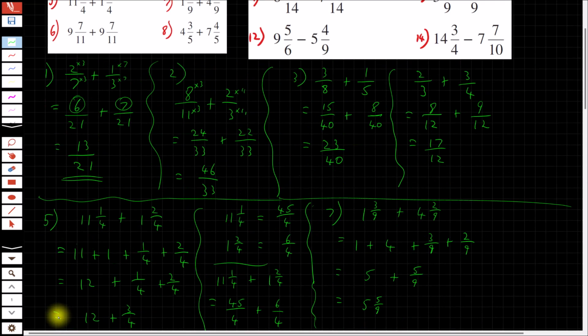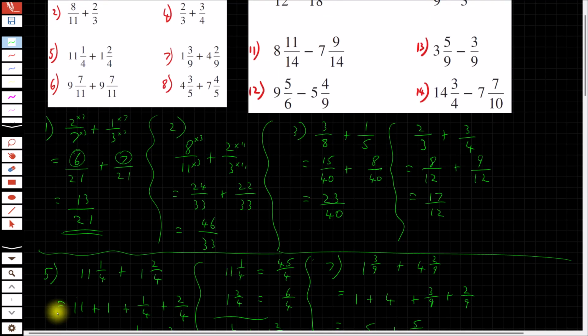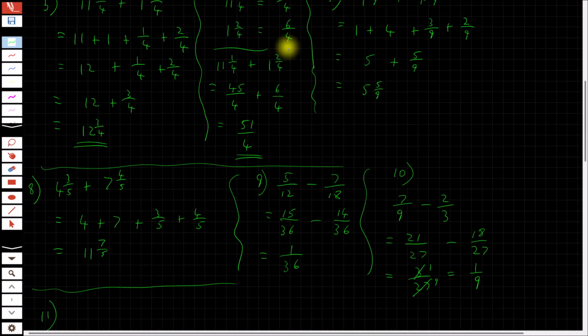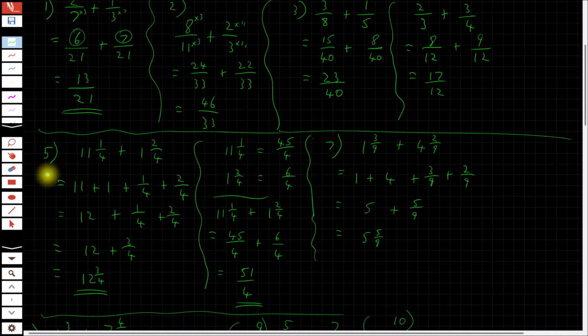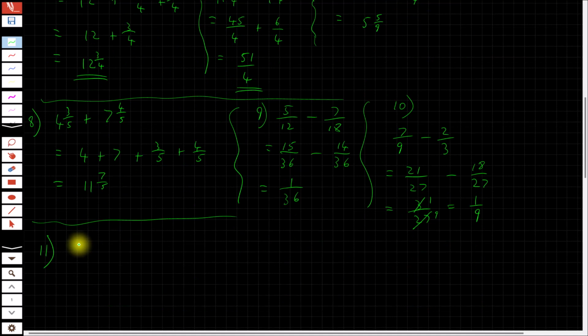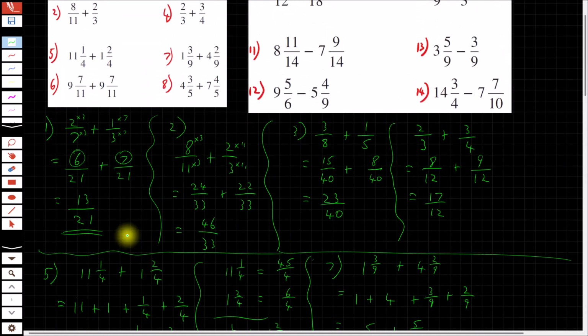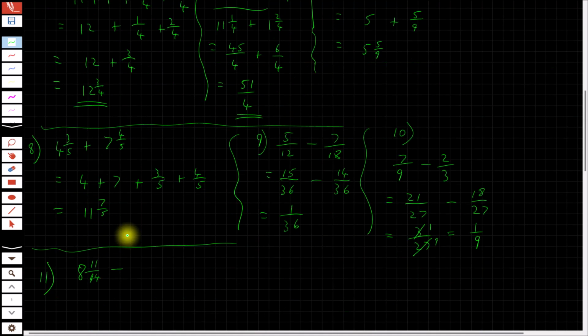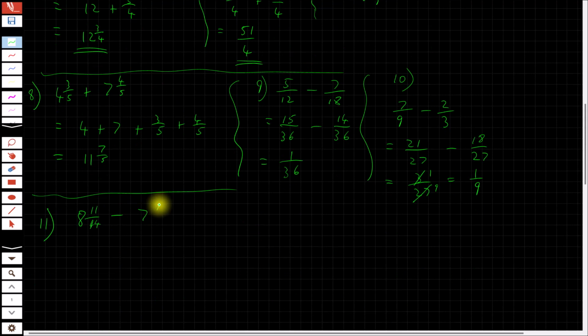Number 11, a mixed fraction, 8 and 11 over 14. So let's write this down.